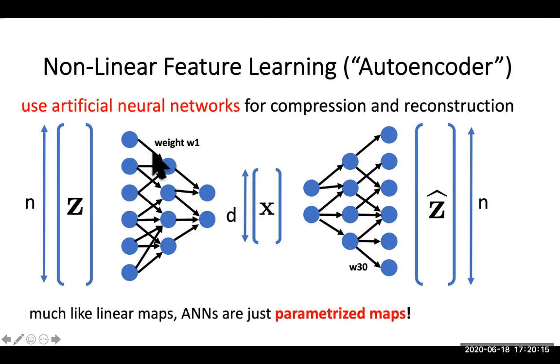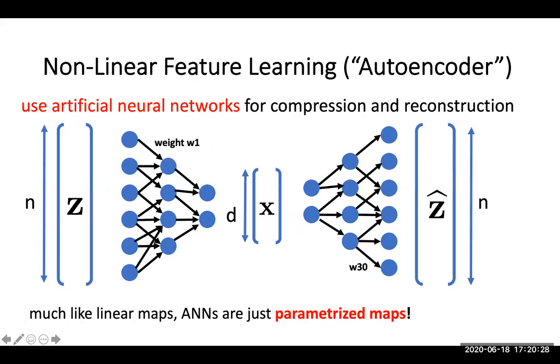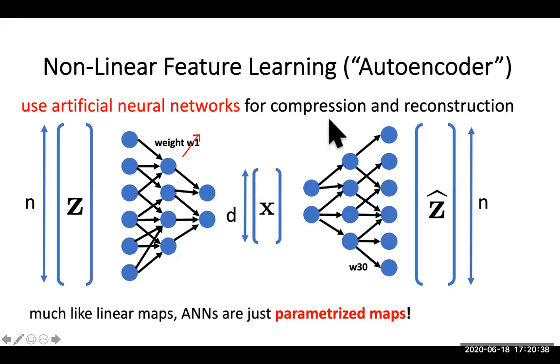So each edge is associated with a weight, which we can change, which we learn using some training data. So if we use artificial neural networks for this compression and reconstruction maps, then the resulting feature learning method is sometimes called an autoencoder.